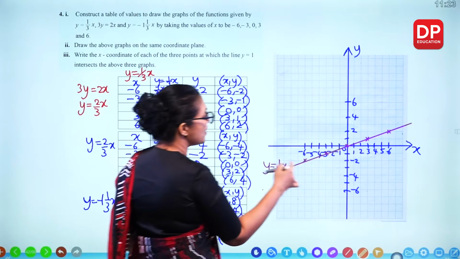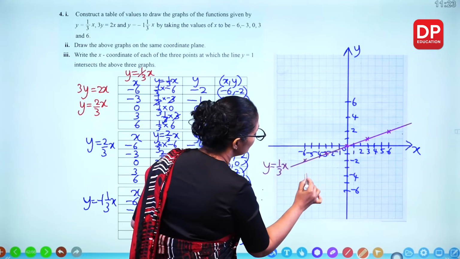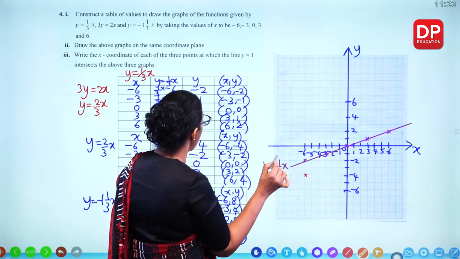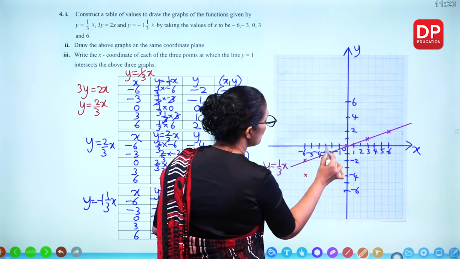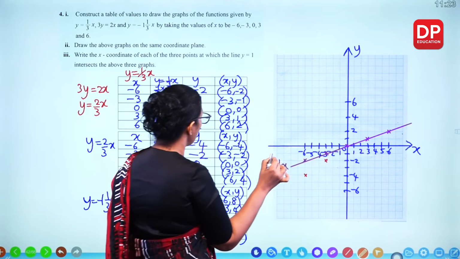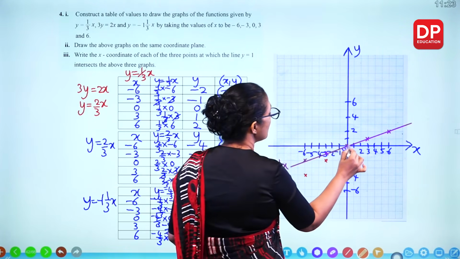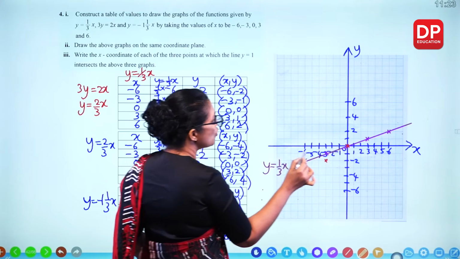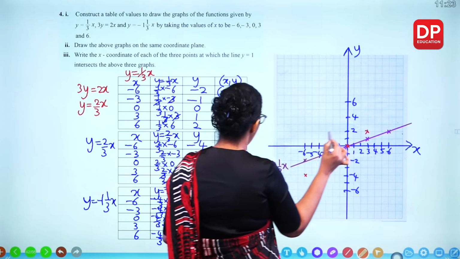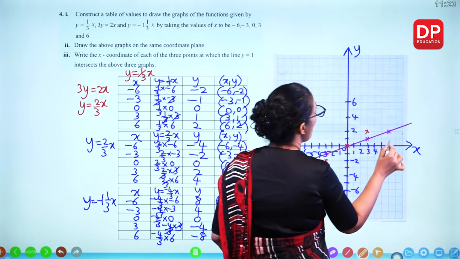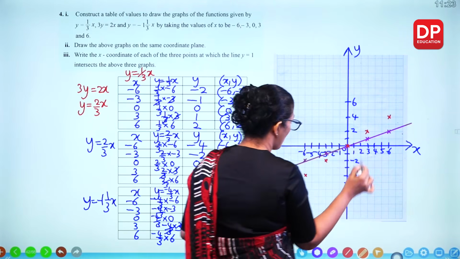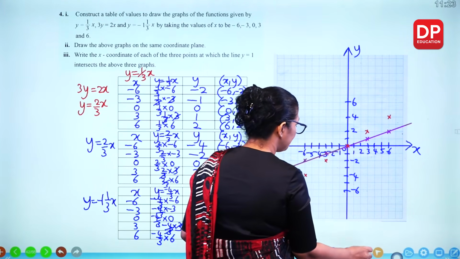Minus 6 with minus 4. Minus 3 with minus 2. 0, 0. 3, 2. 6, 4. Now connect with a ruler.